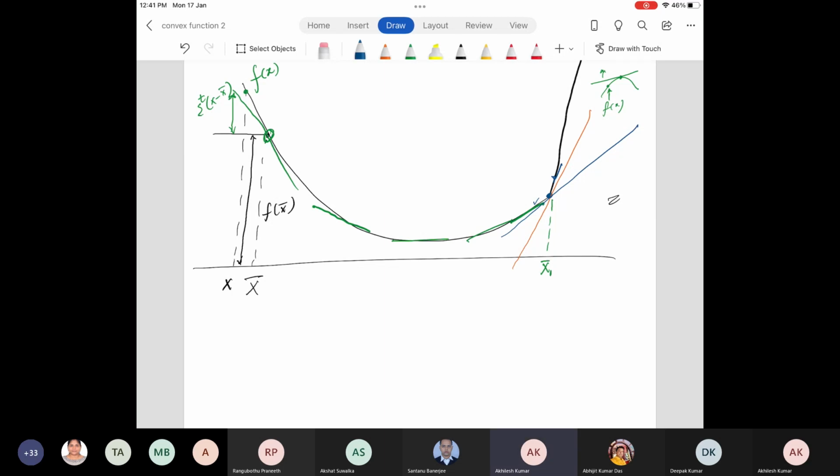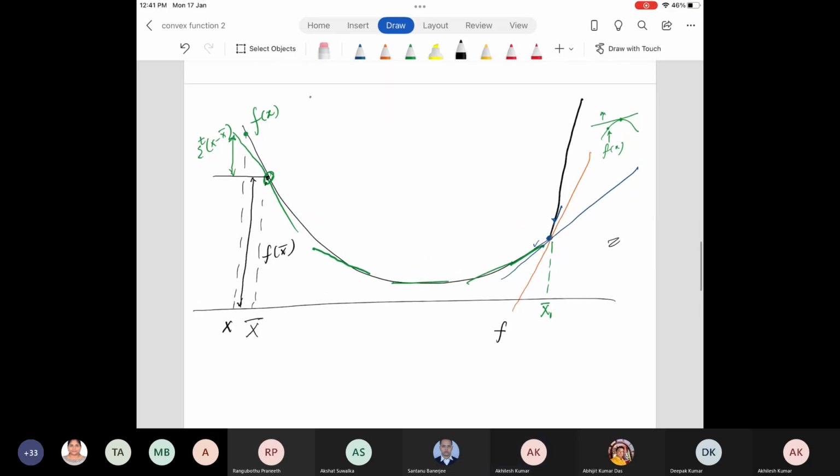Okay, so how do we define this? So this one will be f of x1 bar. Sorry, I'm not writing f of x, some x I have to write.